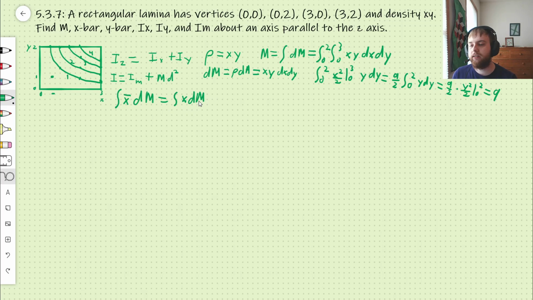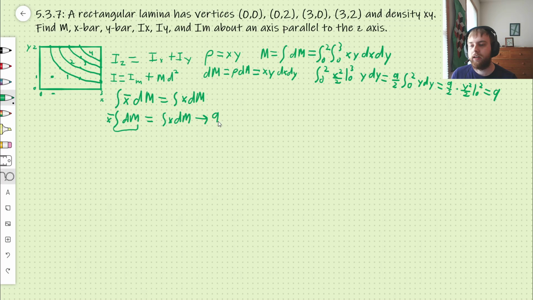And since this is a constant, we can write it out in front. So that would be x bar times the integral of dm equals the integral of x dm. But we already know what this here is because we just calculated that. That's just our total mass.